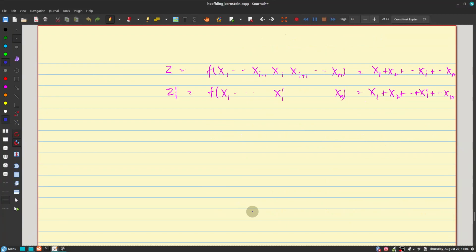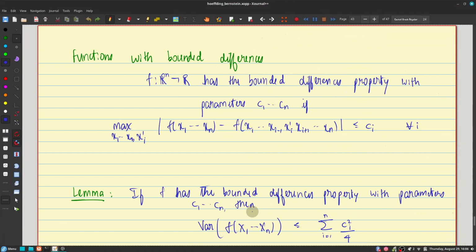So the first class of functions that I introduced in the last class was these functions with bounded differences. So what are these? These are basically functions for which the function value can be arbitrary. It can be as big and small as you want. But then if you allow variation in only one of the variables, then it doesn't deviate too much.